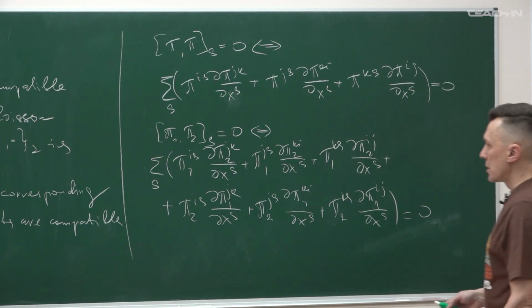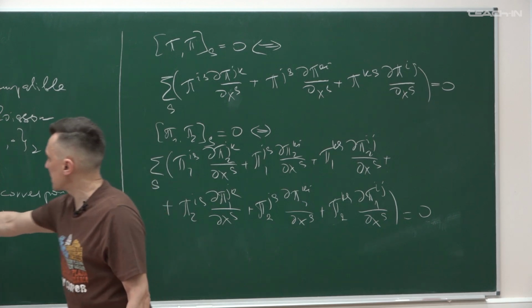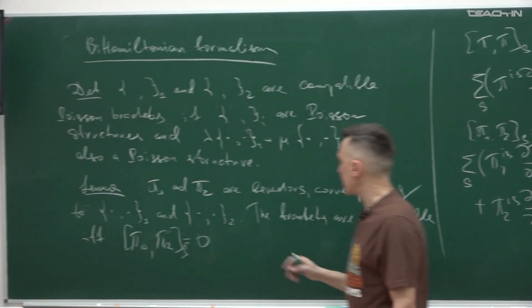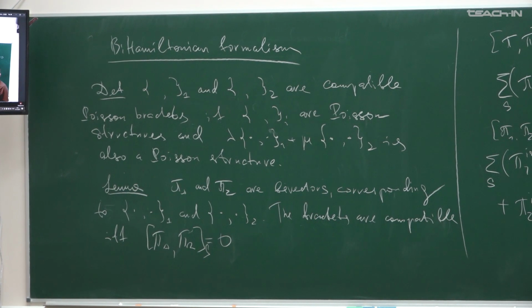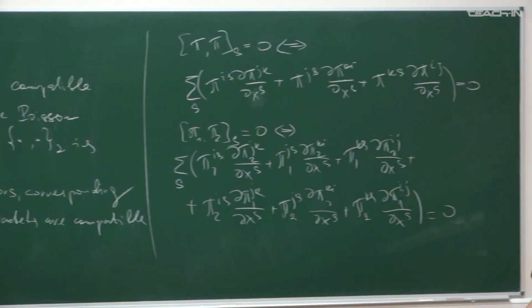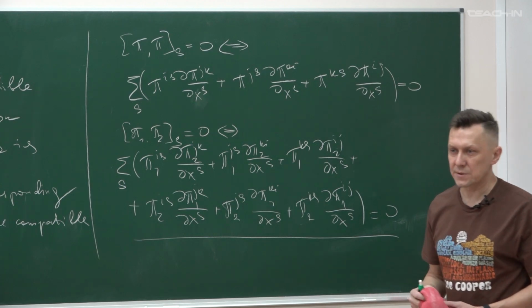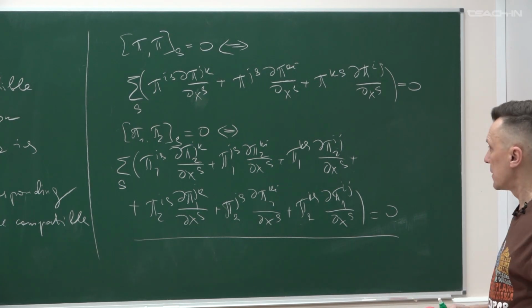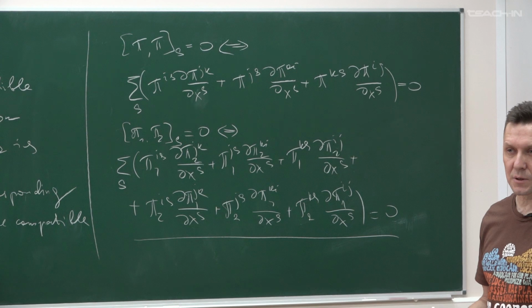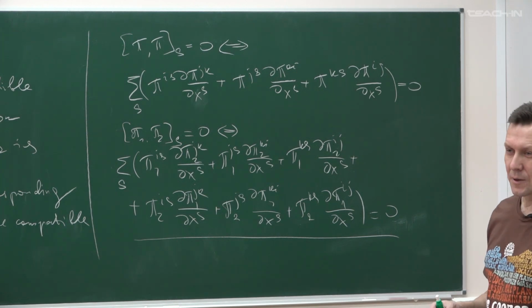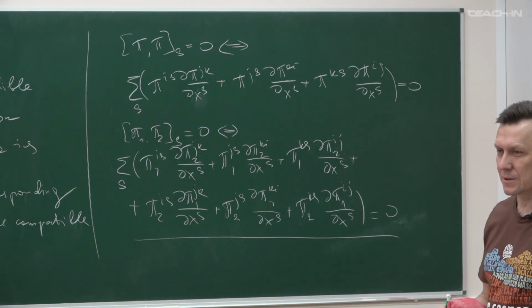Okay. So the lemma says that two such brackets are compatible in our sense if such a condition is fulfilled. Is it obvious, or do you prefer me to demonstrate it?